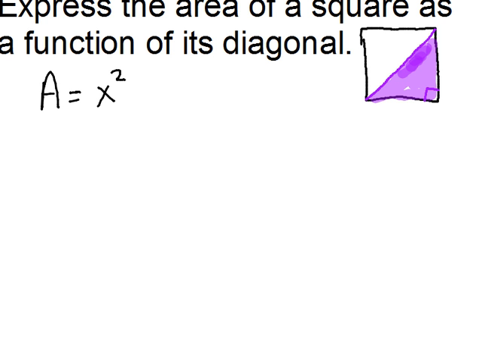So let's see, go back here. This is going to be called d, where my side length is x. So because this is a right triangle, I can use Pythagoras to find the hypotenuse. So x squared plus x squared equals d squared. Okay, remember, I'm trying to solve this for d. So this is my other equation. I have an area equation, and then I have a Pythagorean relationship.